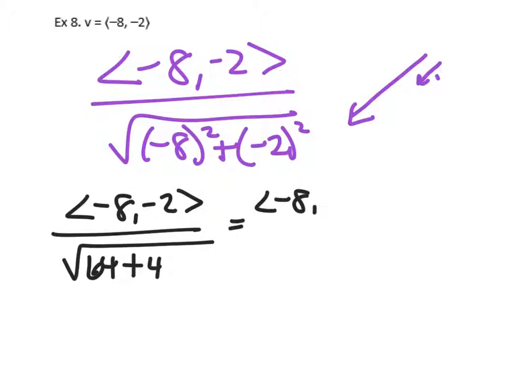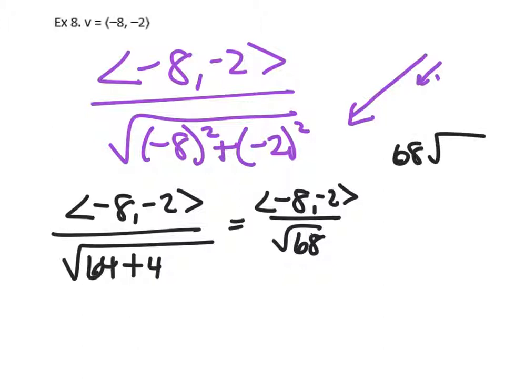That's negative 8, negative 2 over square root of 68. Square root of 68 comes from doing 4 times 17, so that gives me 2 root 17.